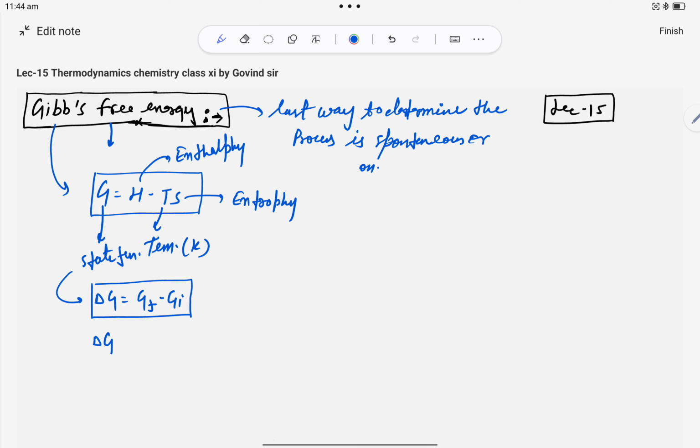And for a cyclic process, delta G value will be 0. For all state functions, for a cyclic process, their value is 0.